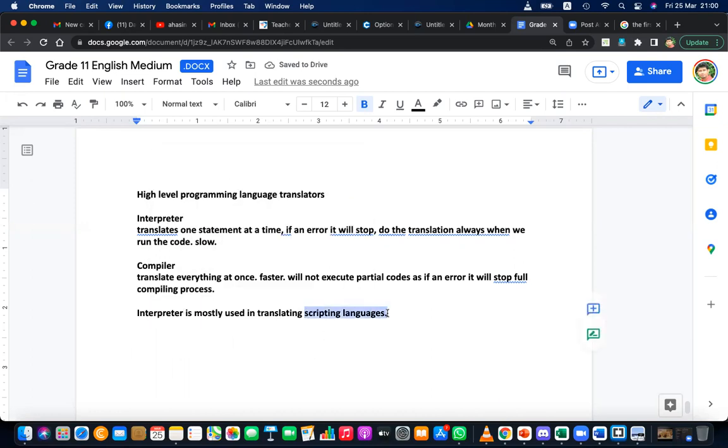Scripting languages are languages having less independence and working on some other platform, such as a web browser or web server.